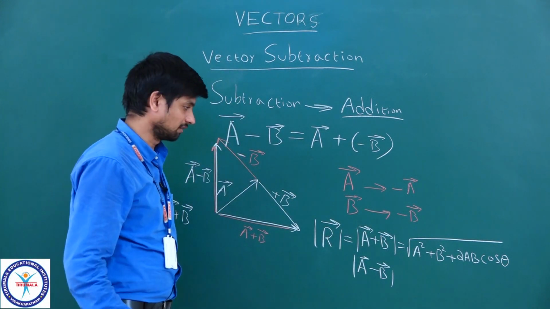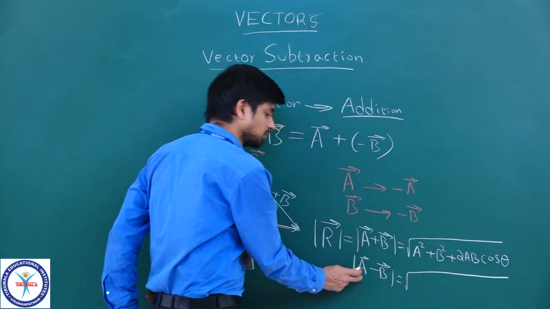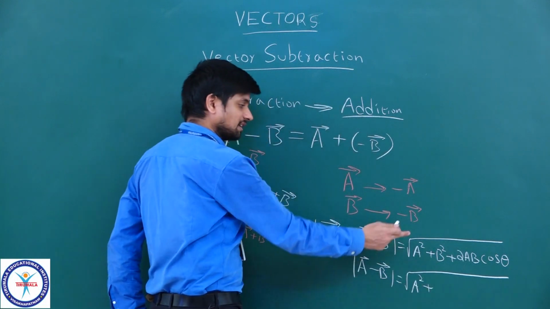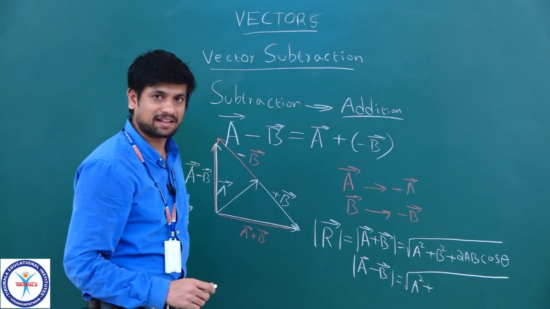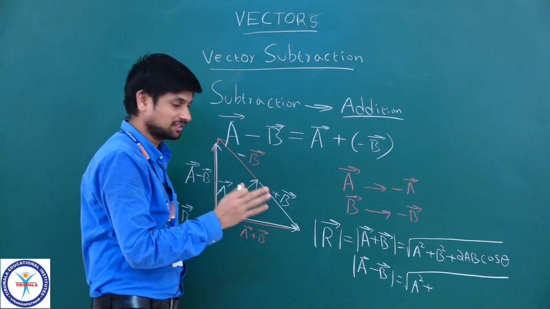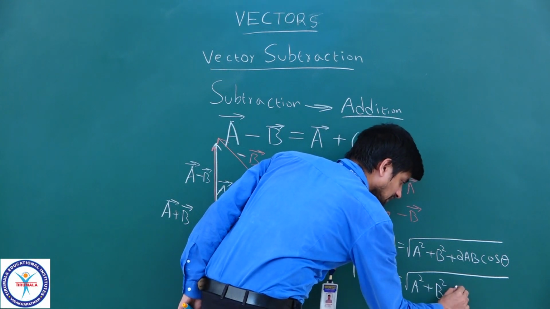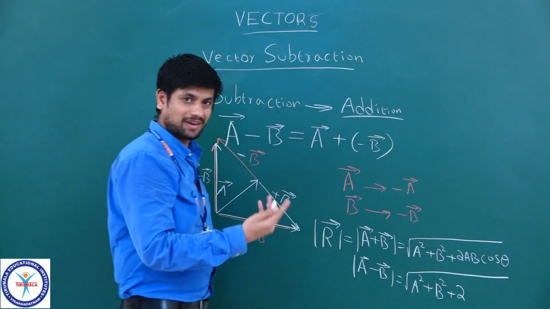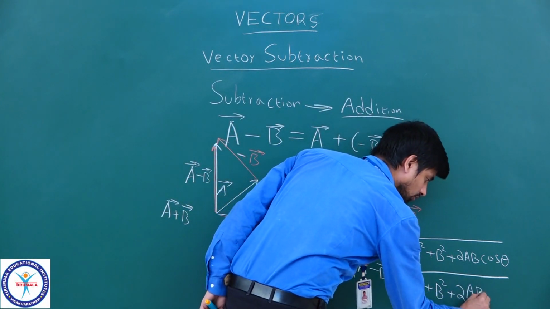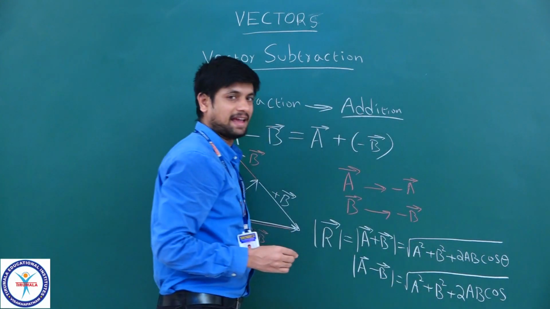Here also, the same thing. First I should take the square of the magnitude of the first vector, A square, no change. Second vector, square of the magnitude. What is the magnitude of B here? Same as it is, no change. So, B square, plus again 2 into first vector magnitude A, second vector magnitude B, and cos of the angle between them.